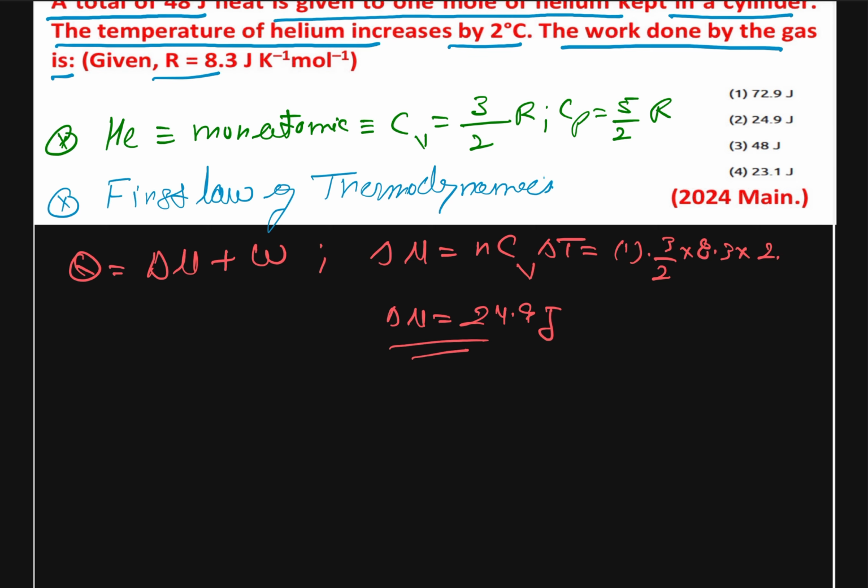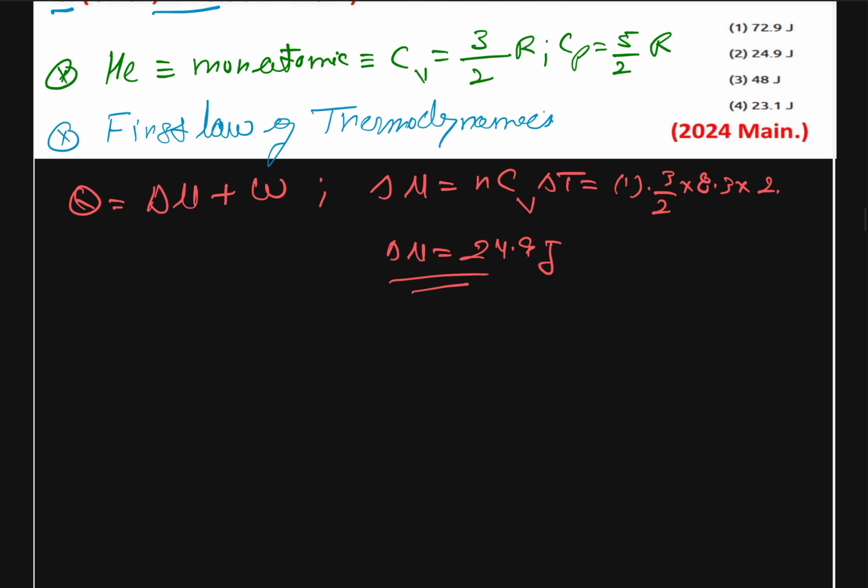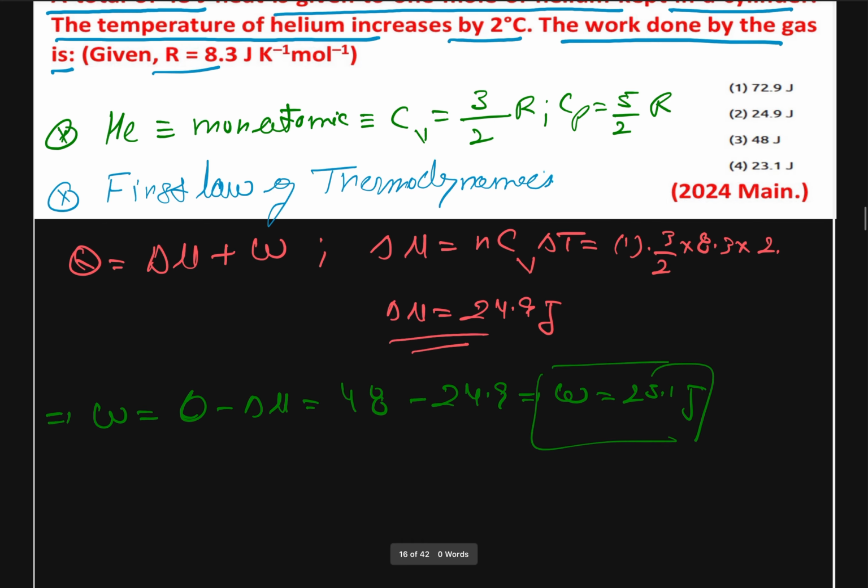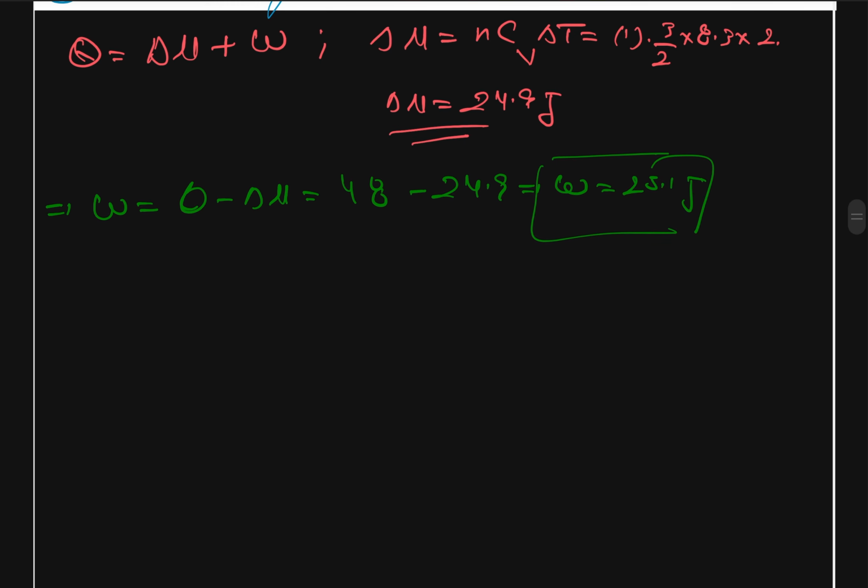Now it is quite easy, so we can simply write that our work done is equal to Q minus delta U. Heat given is 48 minus 24.9, so we get our work done, W, is equal to 23.1 joules. So option 4 is correct. Next question.